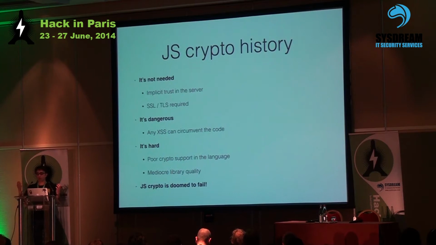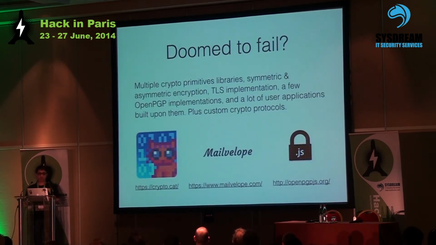So everyone read those blog posts, read other books on the subject, and so on and so on. And the developers stopped developing JavaScript crypto, and we all lived happily ever after, right? Well, not necessarily. As you can imagine, it's 2014, and we have multiple JavaScript crypto libraries of different kinds. There are multiple crypto primitives libraries, like AES libraries, hashing libraries, and so on.